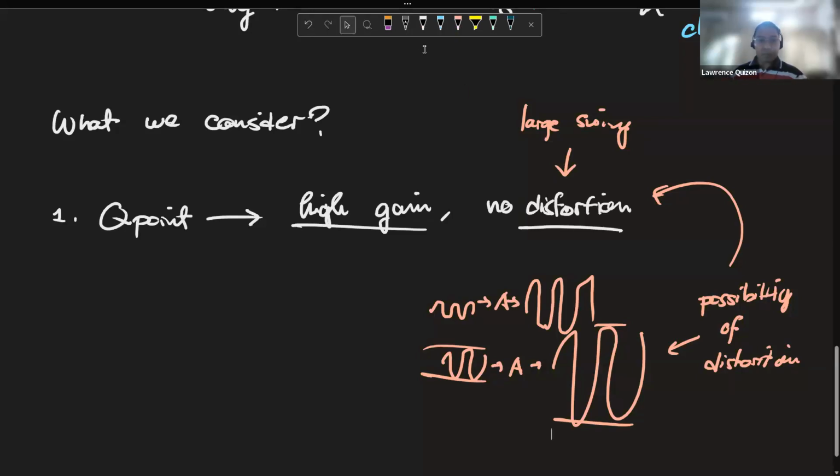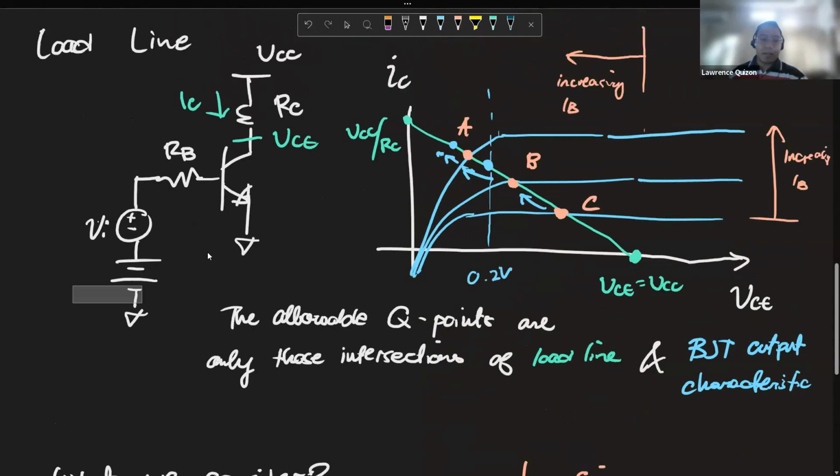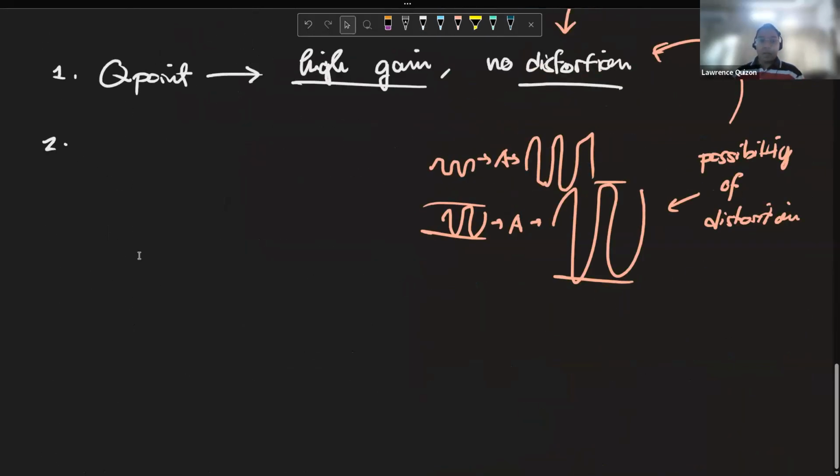All right? Next consideration is the fact that this is impossible, no? Or rather, quite frankly, it is not so easy to do, no?